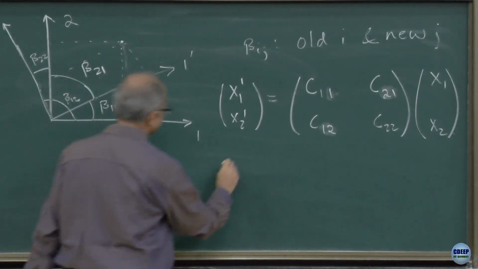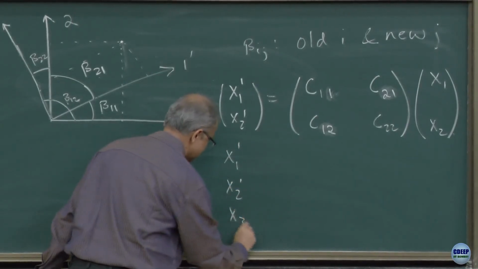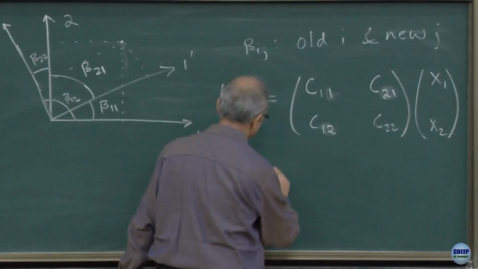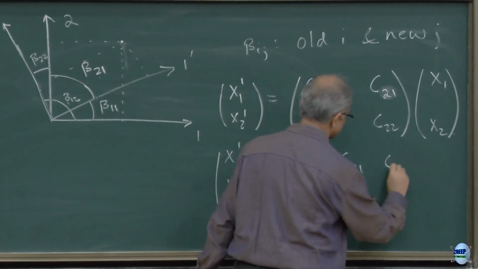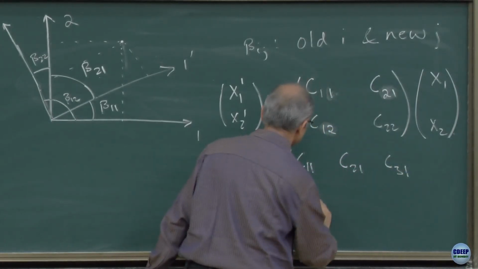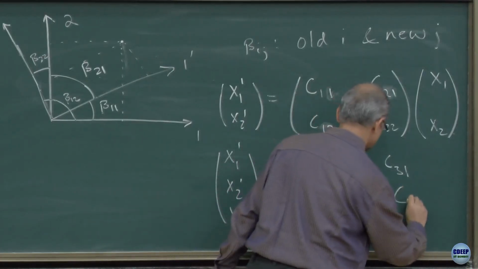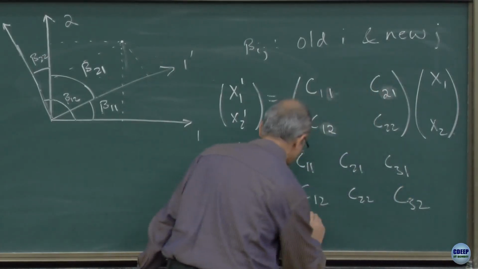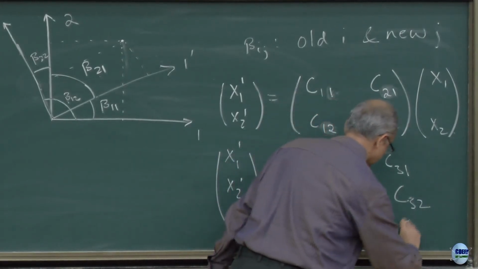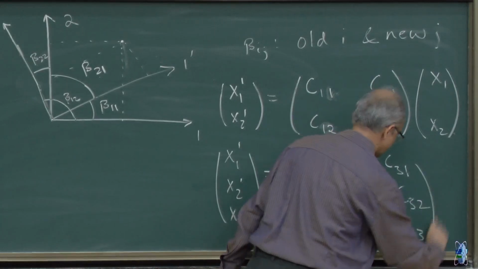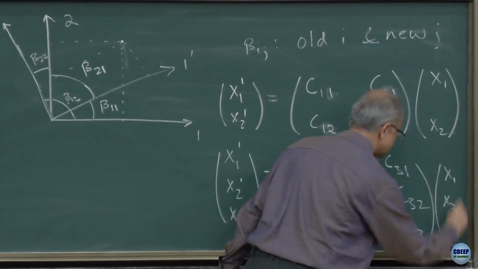Then we can extend this to say that x1 prime, x2 prime, and x3 prime can be written as the matrix with rows C11, C21, C31, then C12, C22, C32, then C13, C23, C33, multiplying x1, x2, x3.